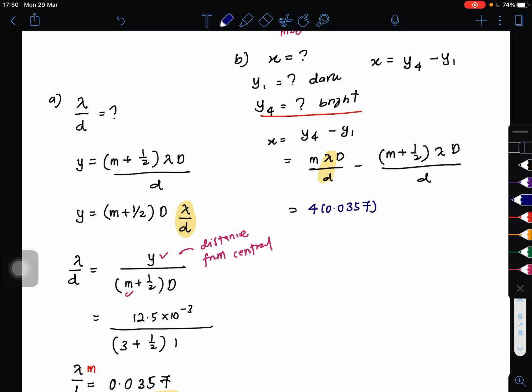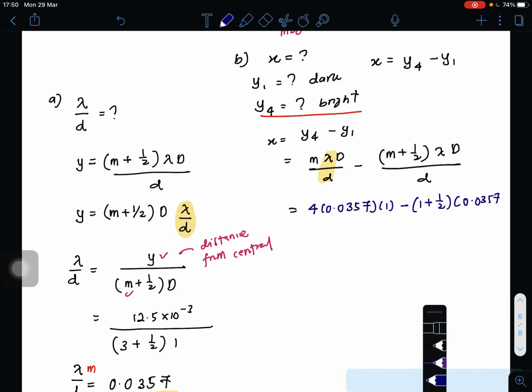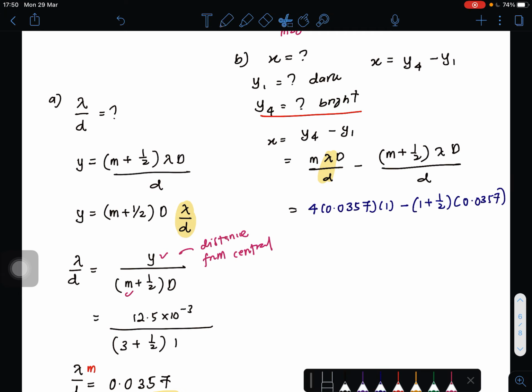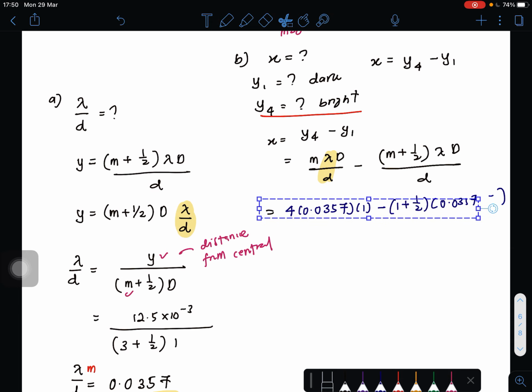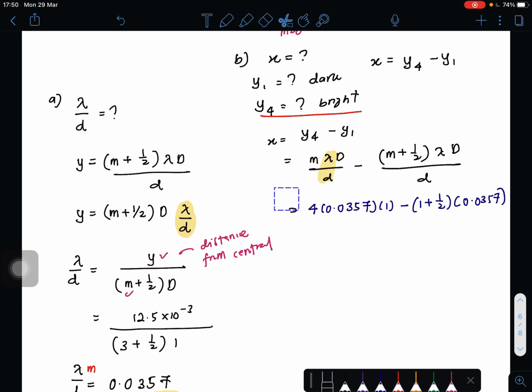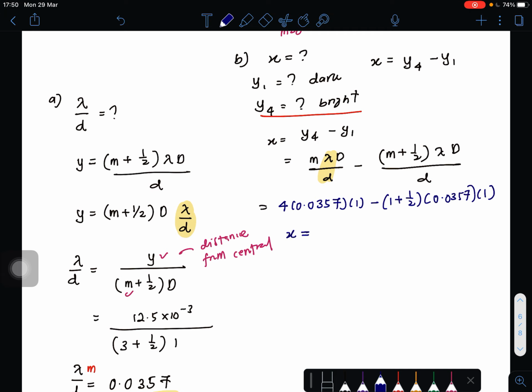0.0357 darab dengan D, dia adalah 1, minus M dekat sini adalah sama dengan 1 tambah 1/2 dan 0.0357. Okay, and then darab dengan D 1. So distance X adalah sama dengan 0.0893 m.